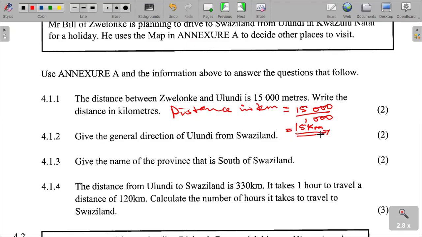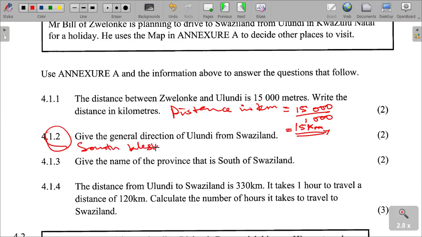Give the general direction of Umlund from Swaziland. Umlund from Swaziland, it is actually southwest. We can say southwest.